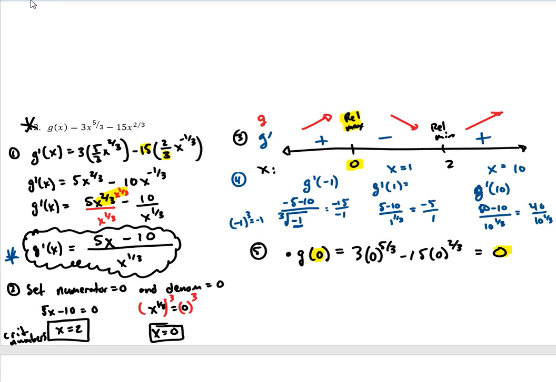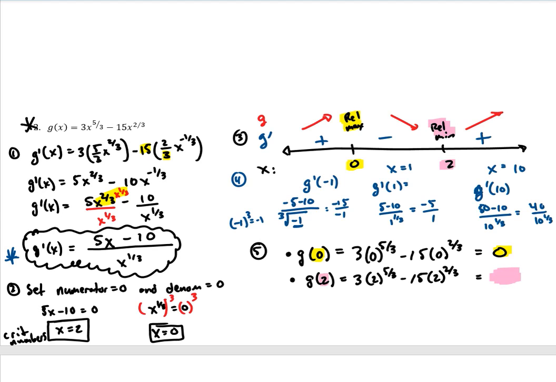And then when I want to plug in 2, g of 2 is 3 times 2 to the 5/3 minus 15 times 2 to the 2/3. Okay, and at this point, this one's looking like it needs a calculator. Let me get my highlighter going first.